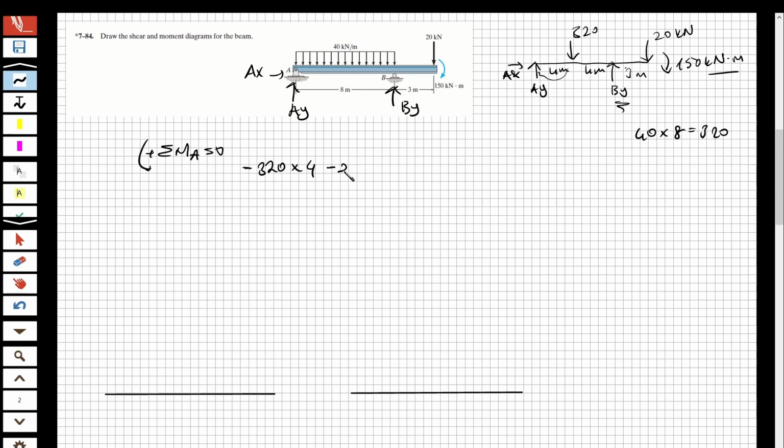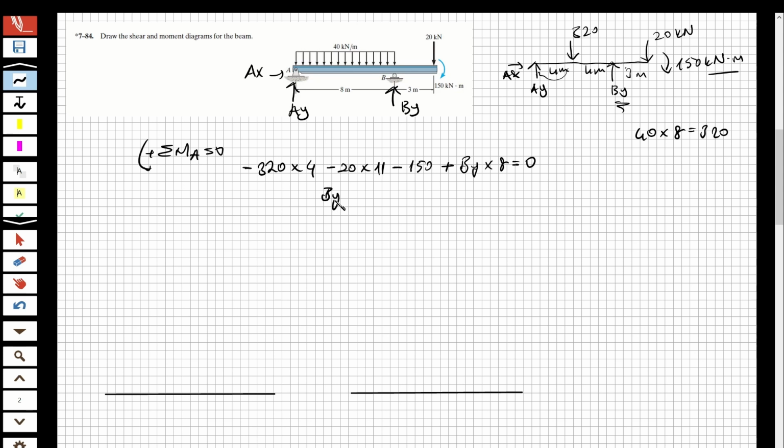So minus 20 kilonewton multiplied 11, and minus 150 kilonewton meter as the moment. And I have a BY that's going to turn the beam in the counterclockwise direction. So BY multiplied 8 equal to 0.